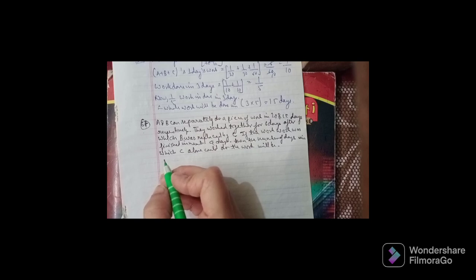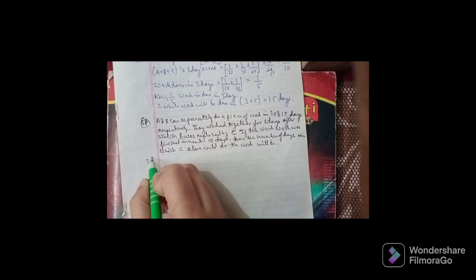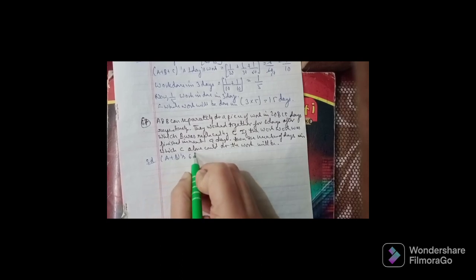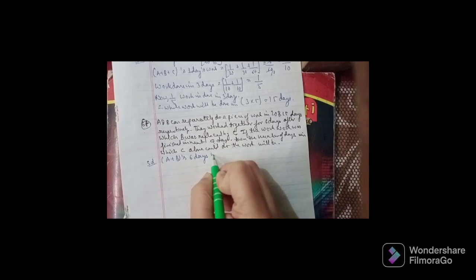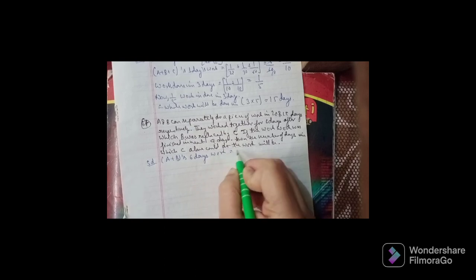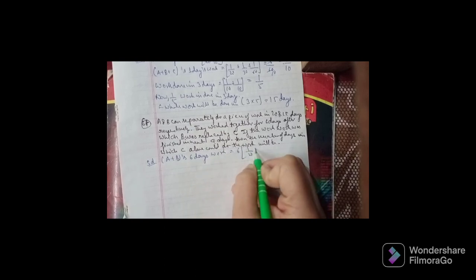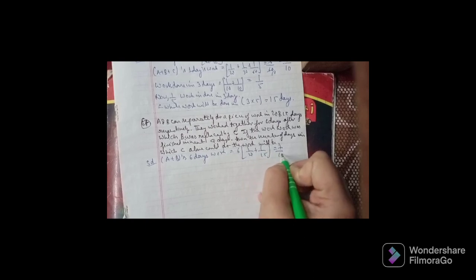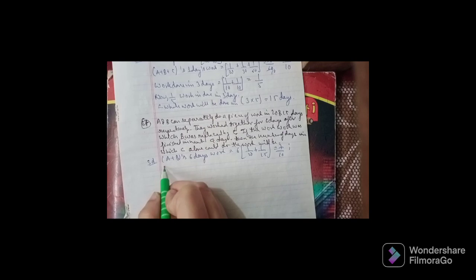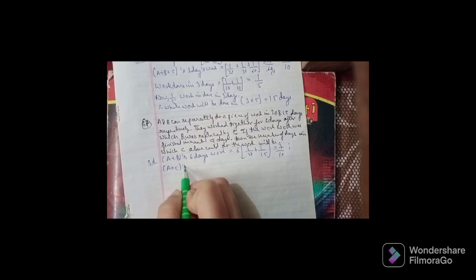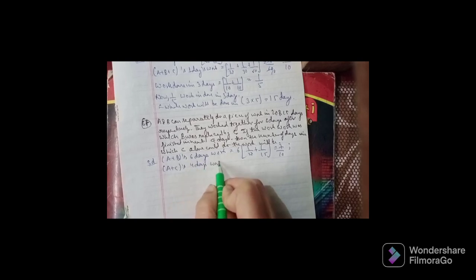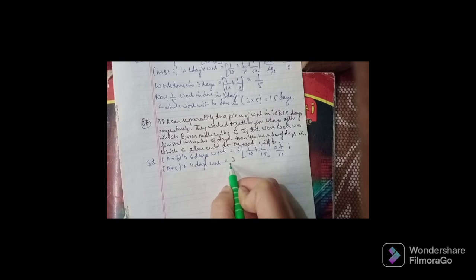A plus B is 6 days work, equals to 6 times (1 by 20 plus 1 by 15), equals to 7 upon 10. A plus C is 4 days work equals to 3 by 10.